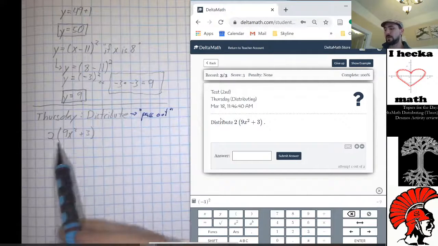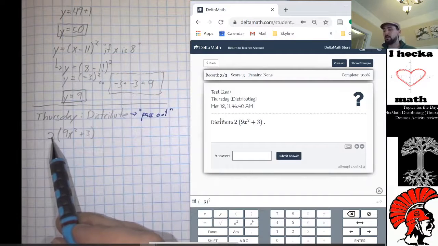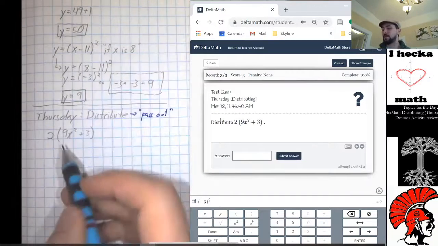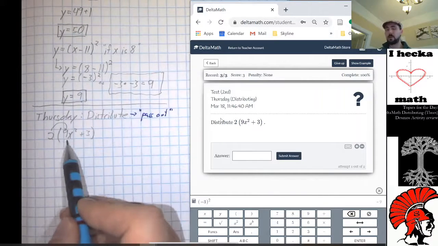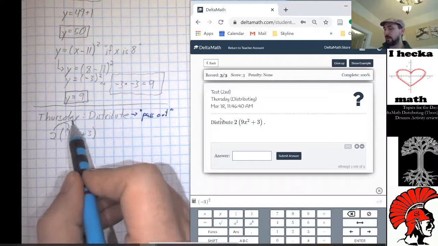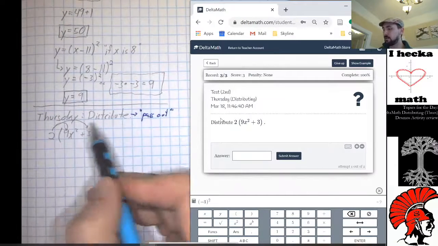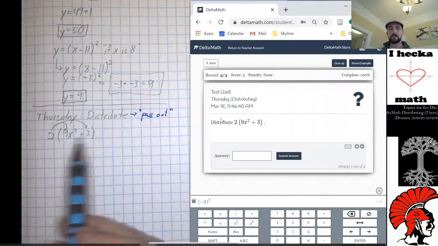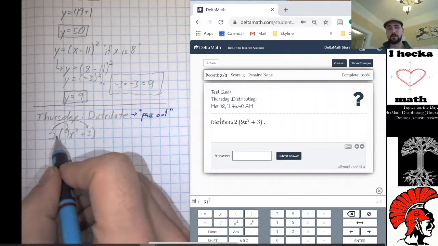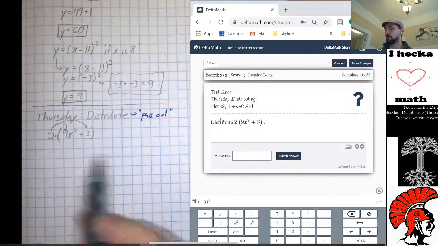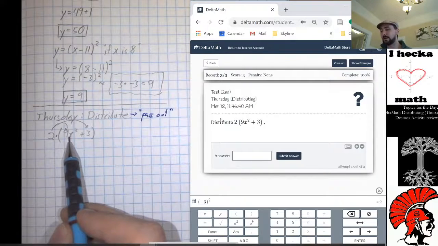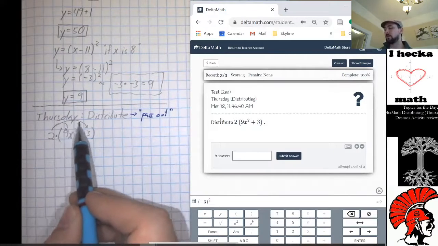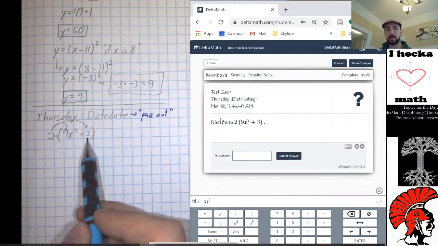So when we talk about distributing, what we're saying is we're taking the 2 and we're going to pass it out to not just the first thing we see, but to everything we see inside the parentheses. So not only, remember, if there's nothing here, we know that that means multiply. So not only are we saying we're going to multiply the 2 to the 9x, we're also going to distribute and multiply the 2 to the plus 3 as well.